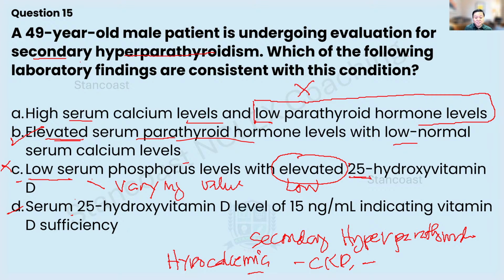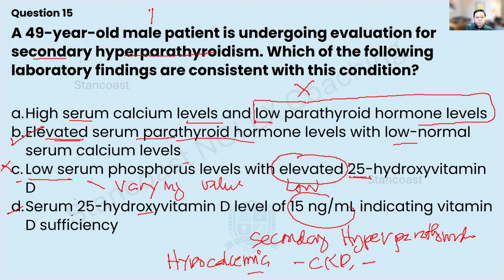If you answered letter D, serum 25-hydroxyvitamin D level is 15 nanograms per ml, indicating vitamin D insufficiency. What do you think about that? This is actually an incorrect statement. The value that is 15, take note of the number here of your 25-hydroxyvitamin D, 15 nanograms per ml.